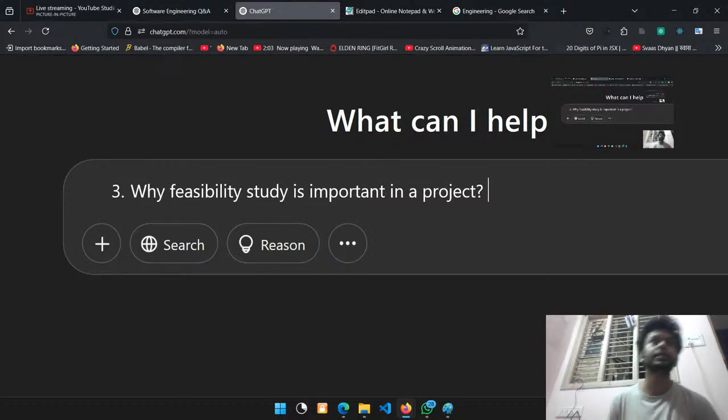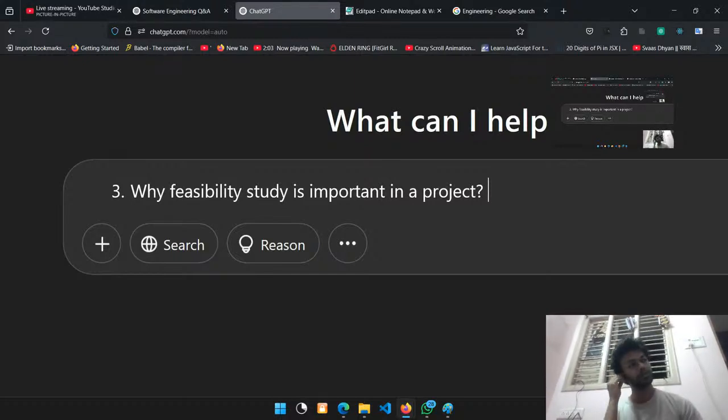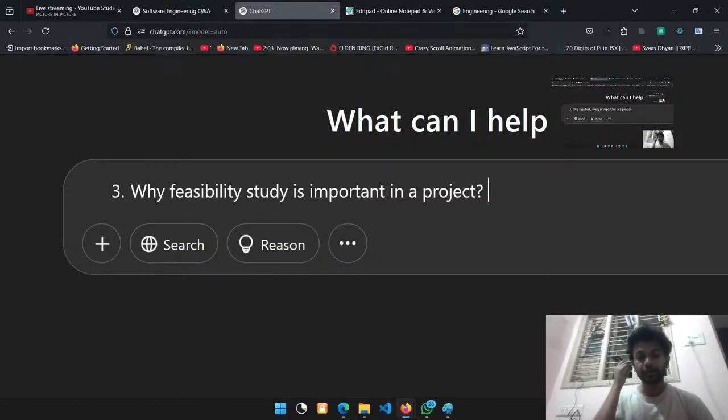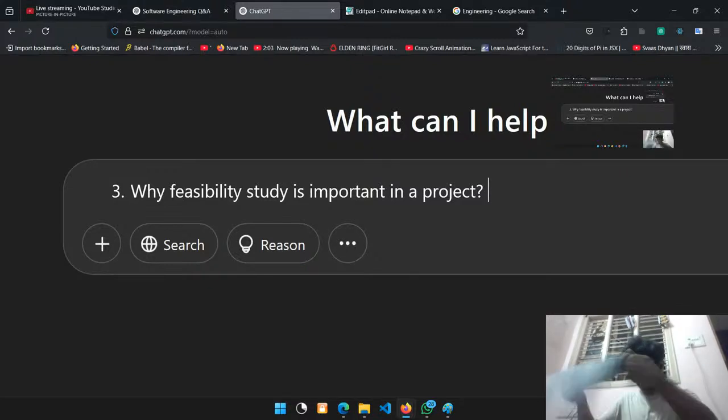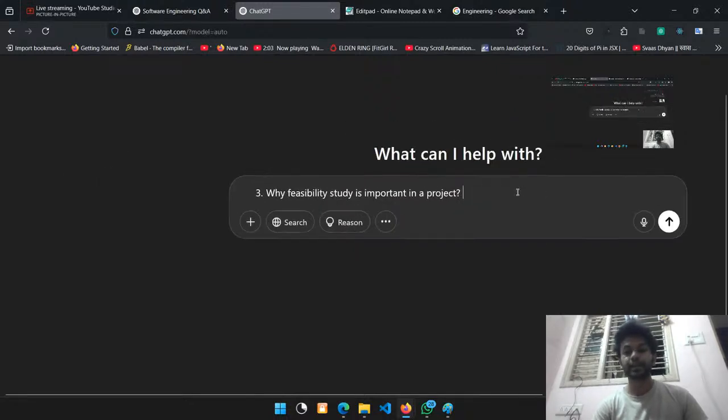That's why it's important, because if we do not do it, we might overpromise and under-deliver, or fail to deliver within the time frame or budget, or with the functionality that we have promised. So that's why I think it is important.